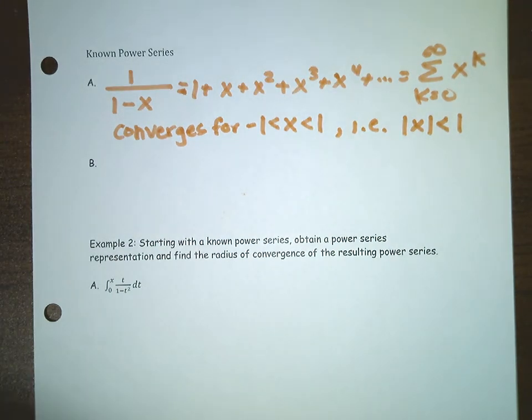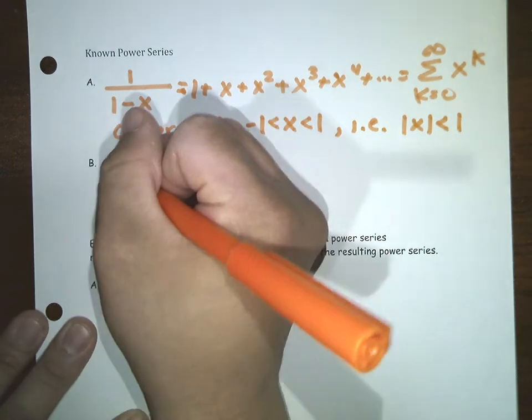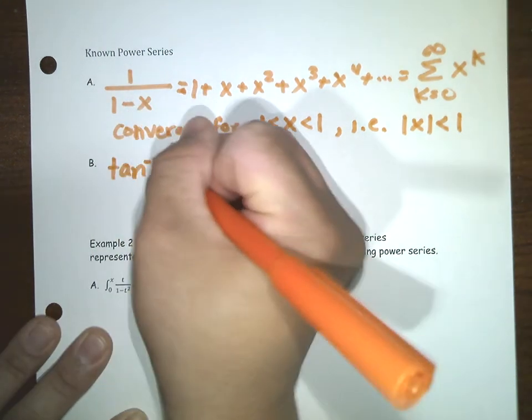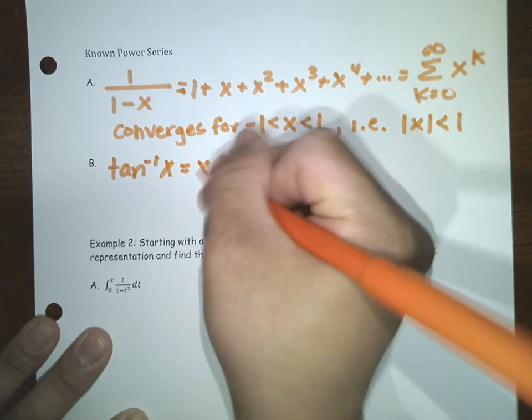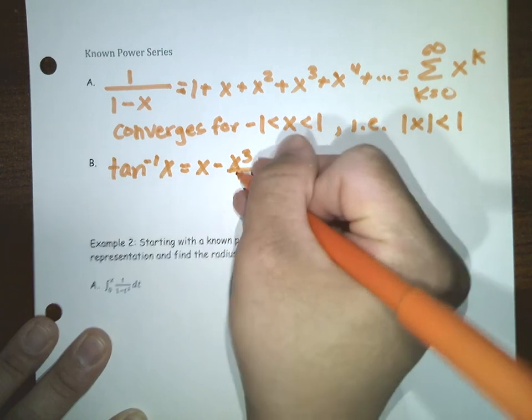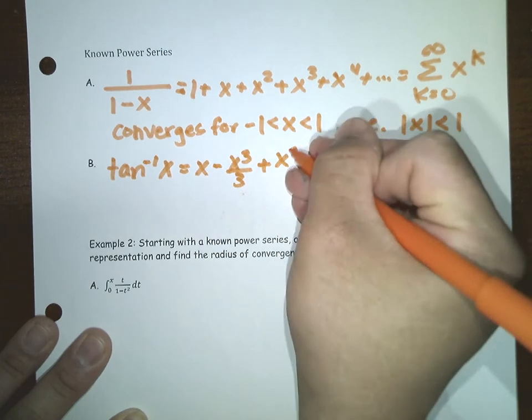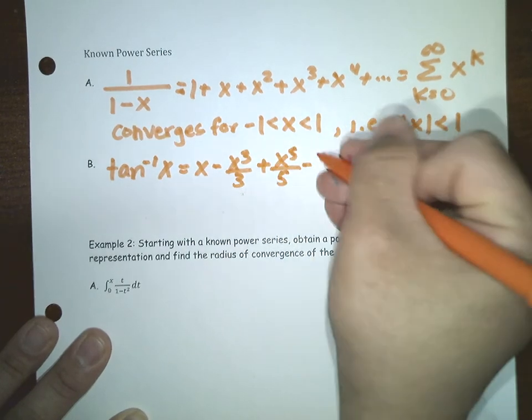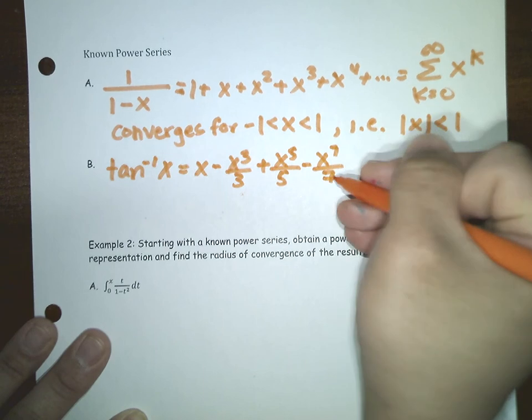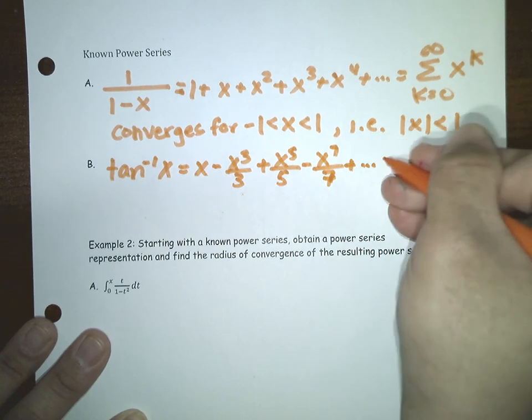And then the second one is tangent inverse of x, that's x minus x cubed over 3 plus x to the 5th over 5 minus x to the 7th over 7, and so on.